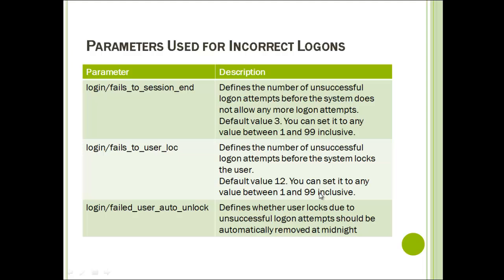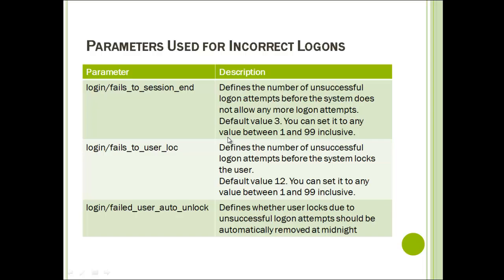Let's see the next set of parameters, used for incorrect logons. These are also very highly used in our security environment. The first parameter is fail to session end. This parameter defines the number of unsuccessful logon attempts before the system ends the particular session. By default it is 3. You can set it from 1 to 99.